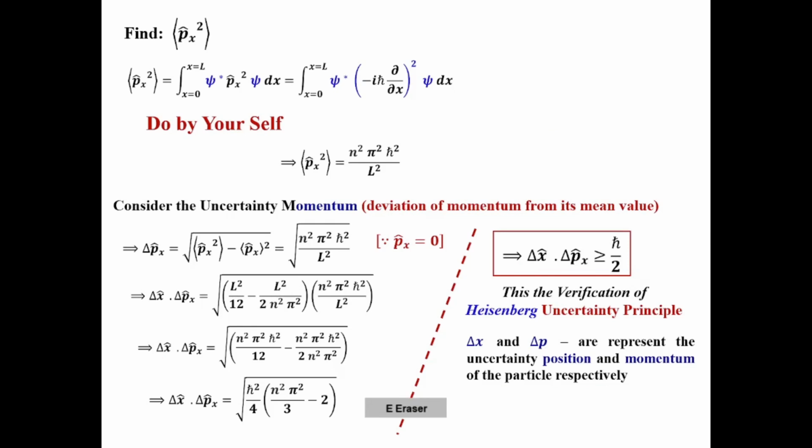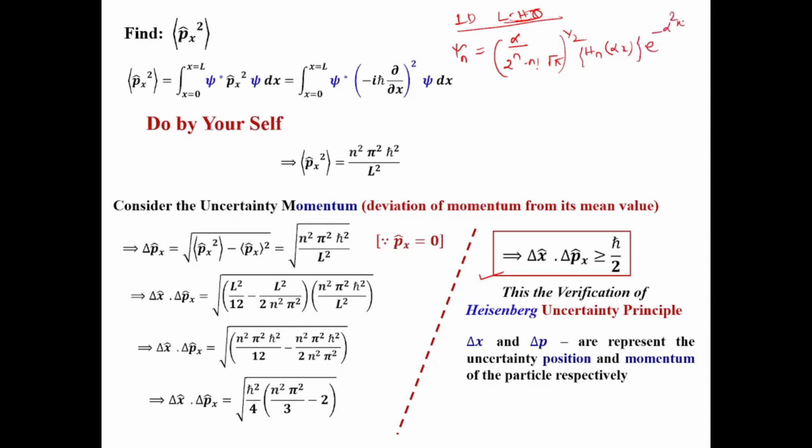Now suppose this verification is asked for a one dimensional linear harmonic oscillator. Suppose we consider the generalized normalized wave function of the linear harmonic oscillator, that is root of alpha by 2 to the power n into n factorial root pi, times H n of alpha x, into e to the power minus alpha square x square by 2.